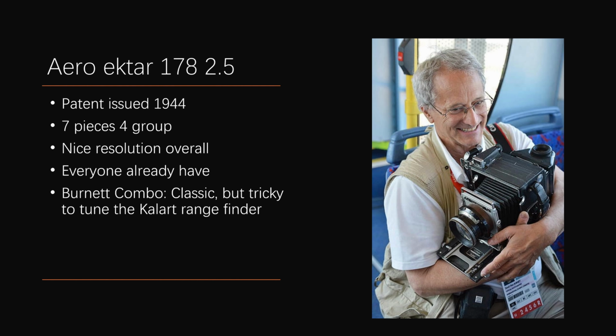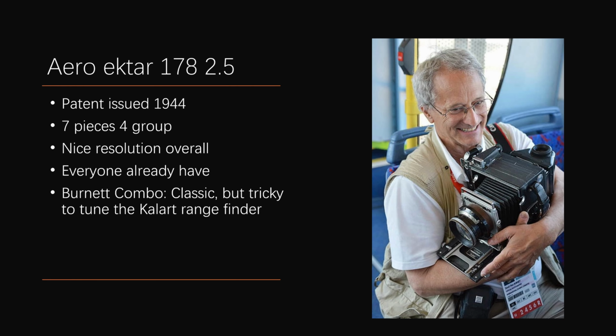The Ektar lens was well known as the Burnett combo. David Burnett is a journalist who still shoots 4x5 for the news, which makes him very special. He has this lens on a Speed Graphic camera. The Speed Graphic has a cam rangefinder on it, and you can tune the rangefinder to any lens, but for this 178mm it's not very good.